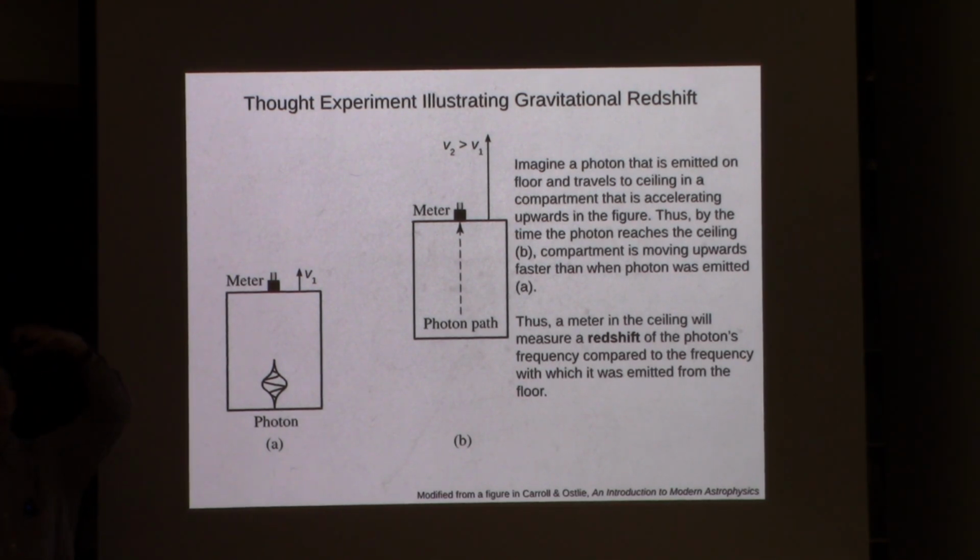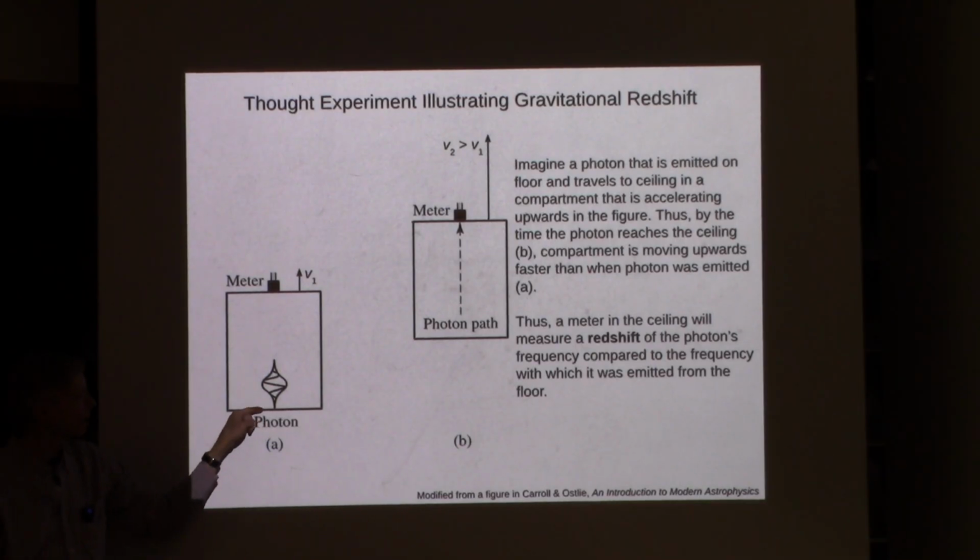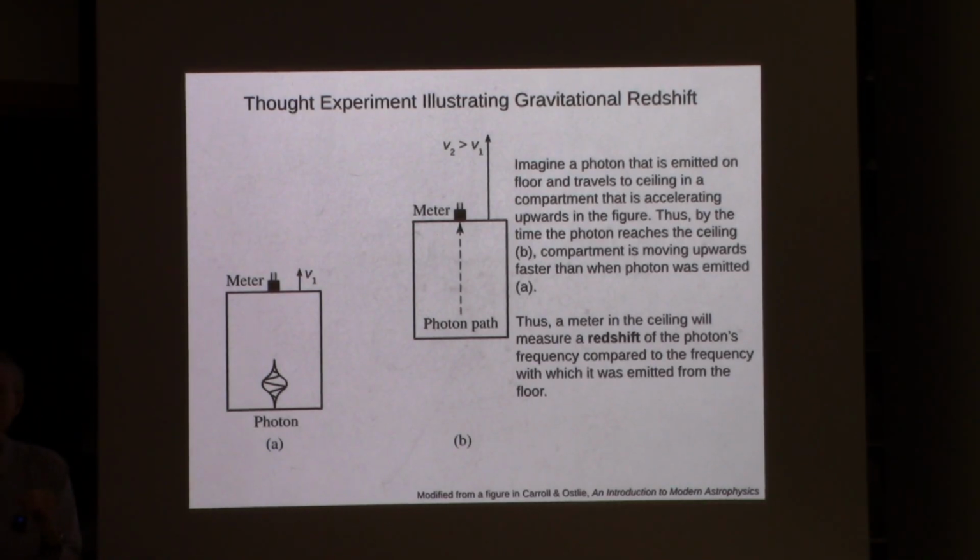By the time it gets to the meter on the ceiling, relative to that point where the photon was emitted, and you could have just had a hole in the floor and had the photon go up through that hole in the floor. It doesn't have to be attached to the rocket in any way. By the time the photon reaches the meter in the ceiling, that meter is moving away from the source of where the photon was emitted.